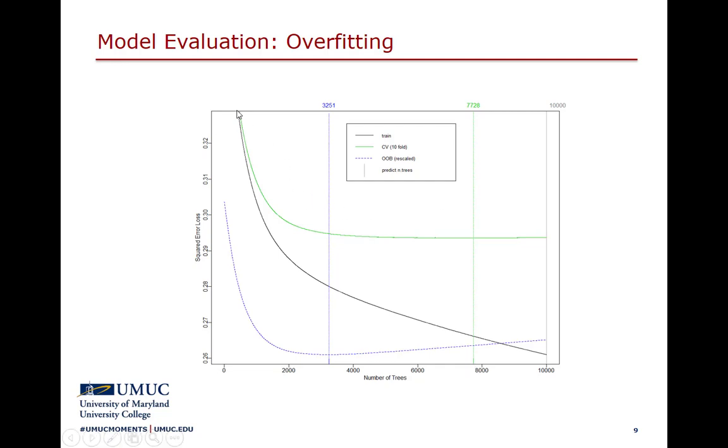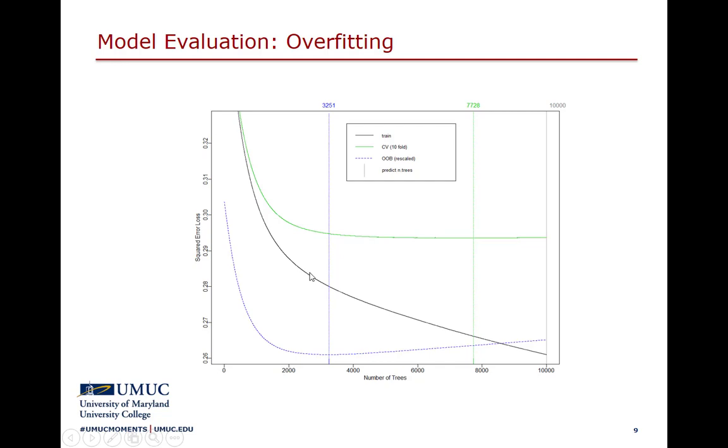Now the black line here is the square loss error on the training sample, the sample that is contributing to the fitting process. As you can see, it is continuously going down.